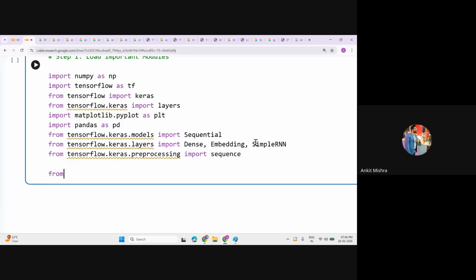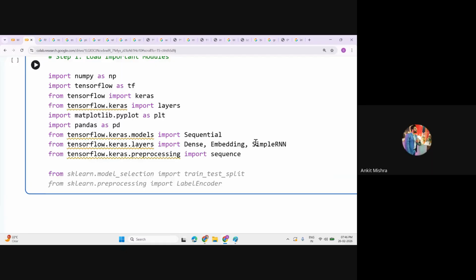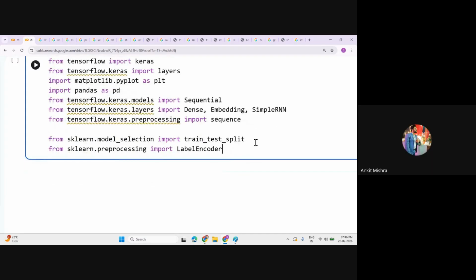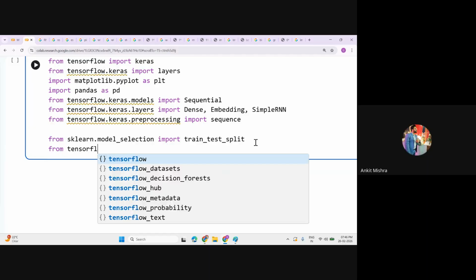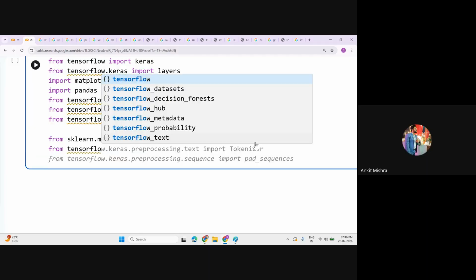Let's finally call the dataset. From TensorFlow, preprocessing, label encoder. Label encoder is not required. That is the reason we are living in an era where we can simply write the code and it can be performed by the model itself. If I simply call my dataset now, it will understand we are working on this dataset.